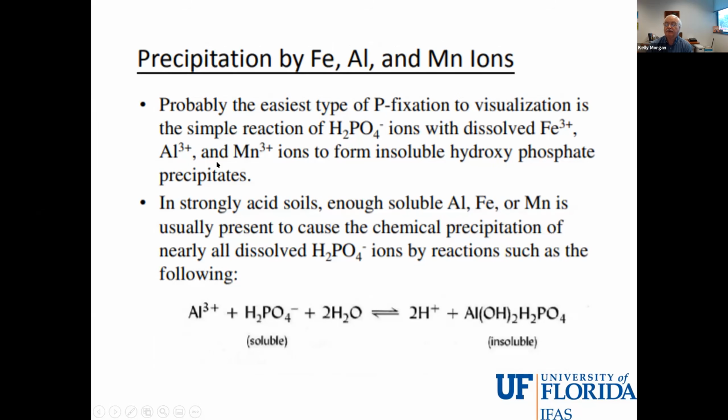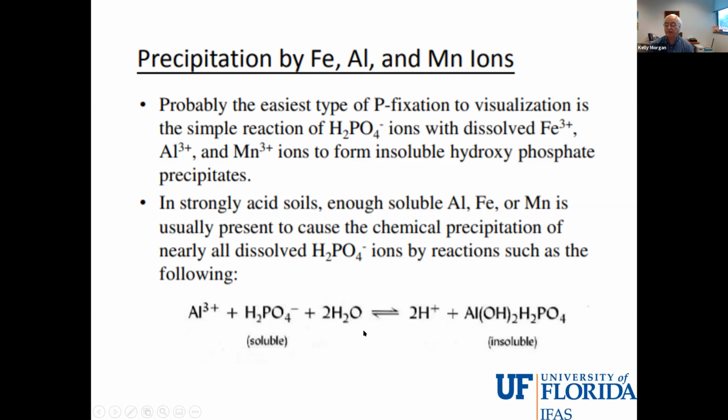This illustrates that you have a fixation of the H2PO4 that you would be adding to your soil as a form of phosphorus fertilizer. If you have free aluminum, free iron in the form of +3, aluminum +3, manganese +3, these will form precipitates with the phosphorus and will become insoluble hydroxyphosphates.